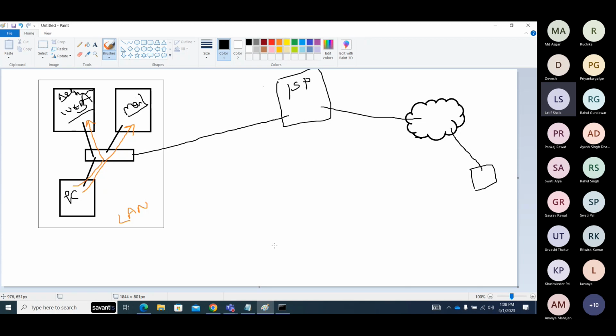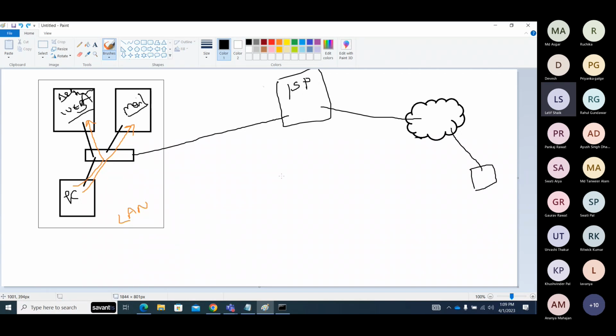You must connect to the internet, and you must assign a public IP address. To get access from the public, you should have a public IP address. Understand, guys? Yes, sir, got it, sir.